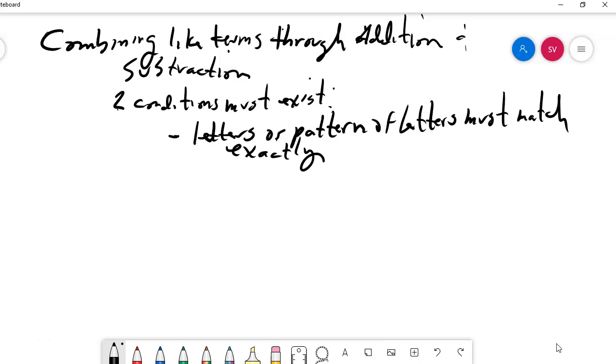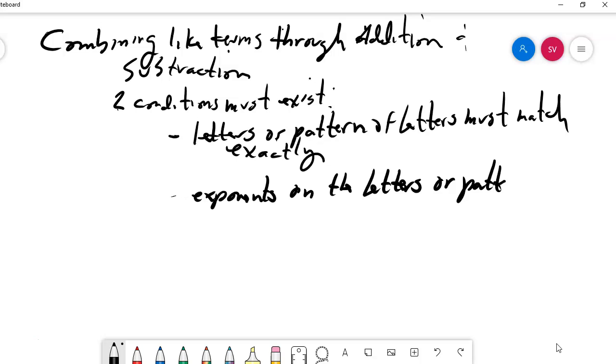The second is that the exponents on the letters or pattern of letters must match exactly.